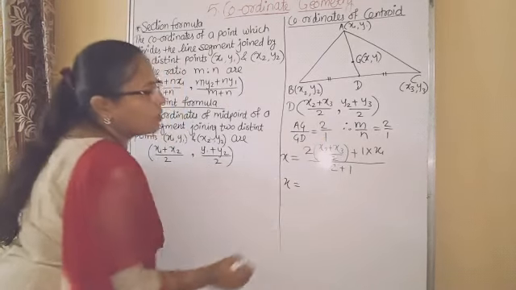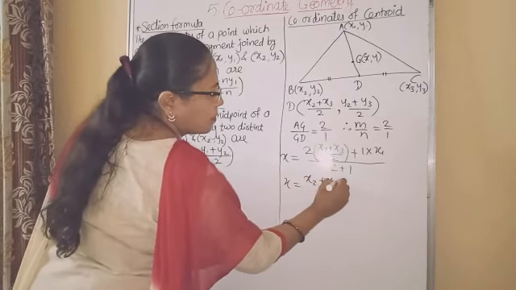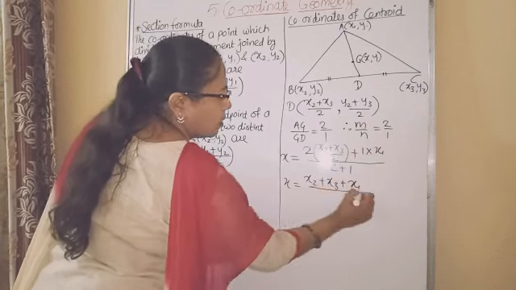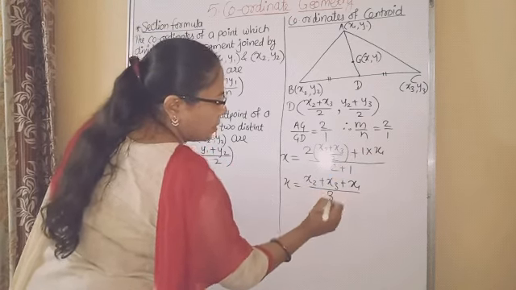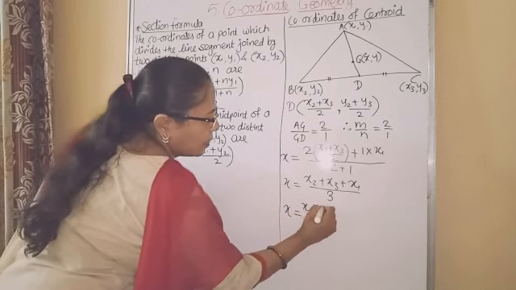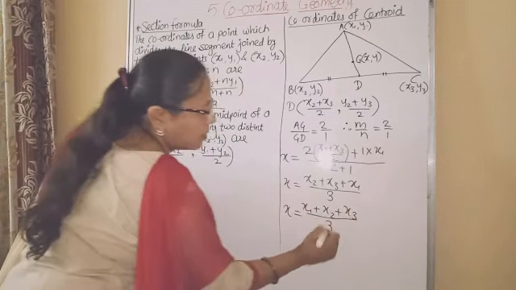So x is equal to (x2 plus x3 plus 1 into x1) upon (2 plus 1), which is 3. Writing it in proper order, x is (x1 plus x2 plus x3) upon 3.